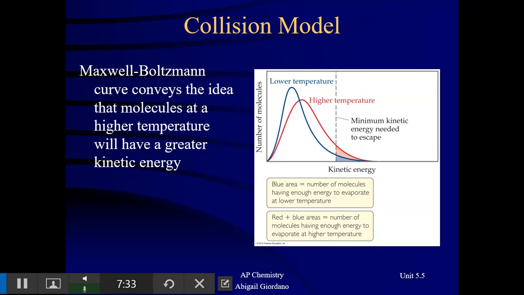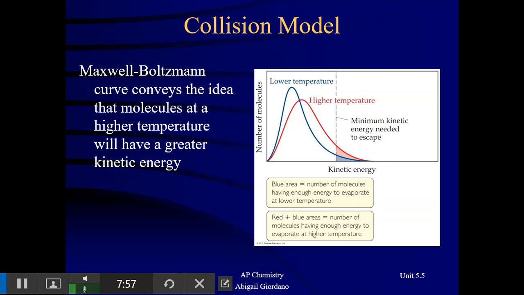But if you'll notice the area under the curve past that dashed line, which is where activation energy is being marked, the red curve has a greater area under the curve past that dashed line than the blue curve.